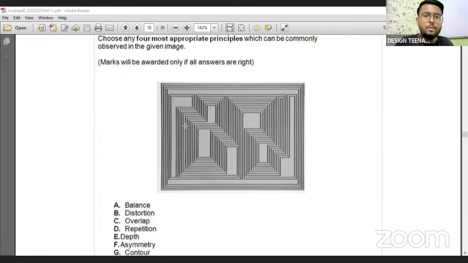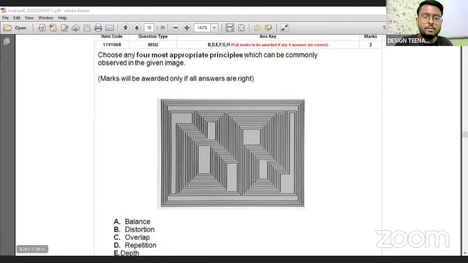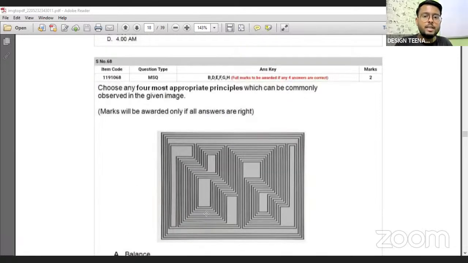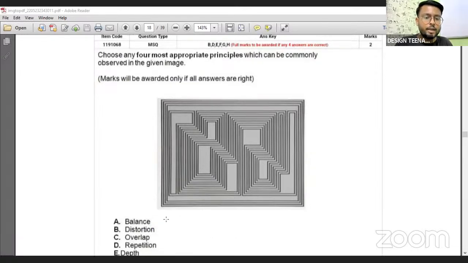Over here they have told balance. See, balance is something very well maintained over here. Just look at the orientation. Nothing is out of balance. Now, if there is balance, I missed it. See, there is no balance over here. There is distortion. Over here, you are having a rectangular shape. Over here, a square shape.